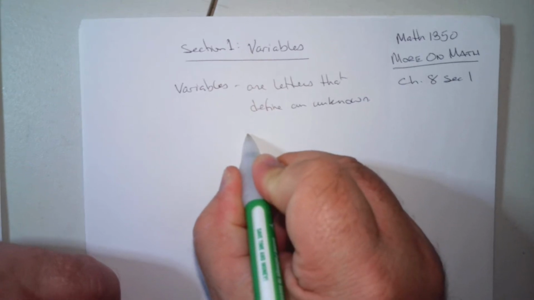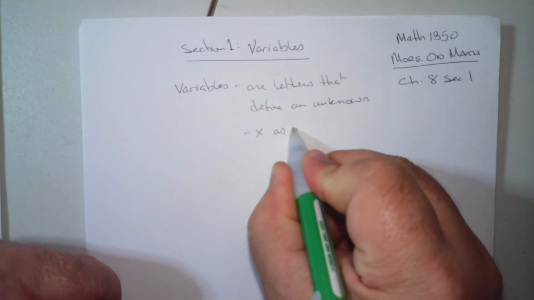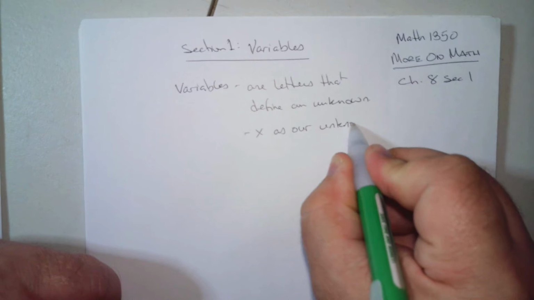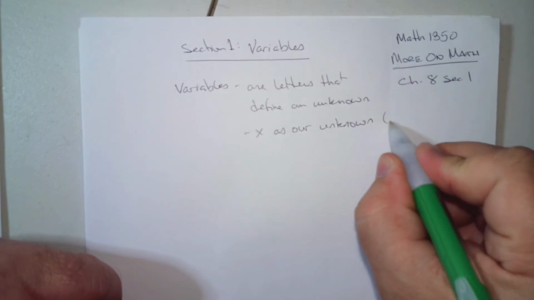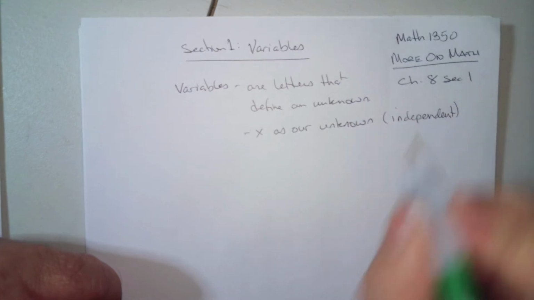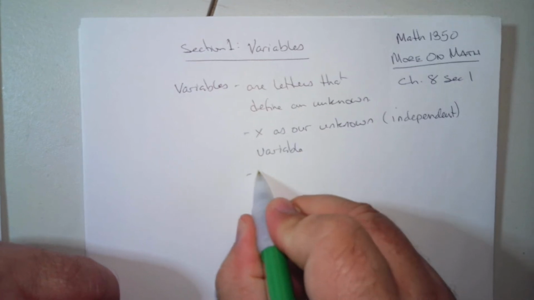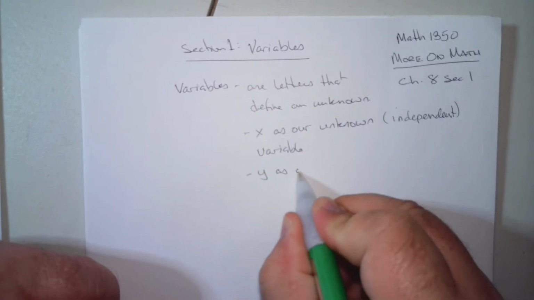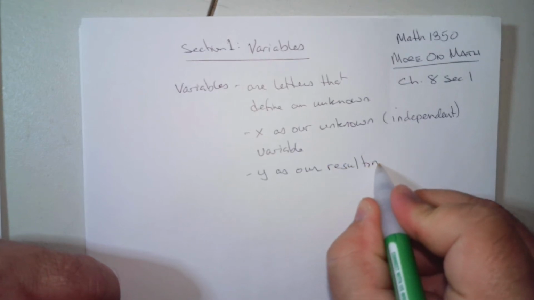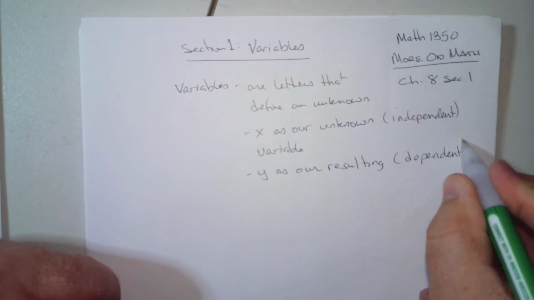For example, we always use x as our unknown independent variable, and y as our resulting dependent variable.